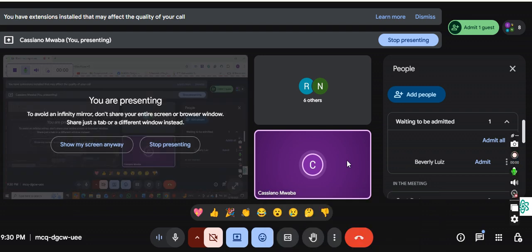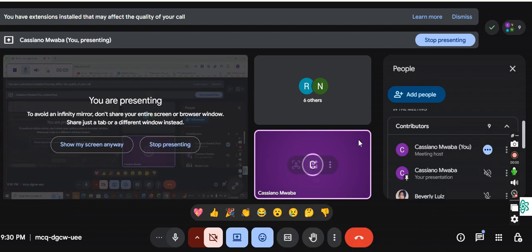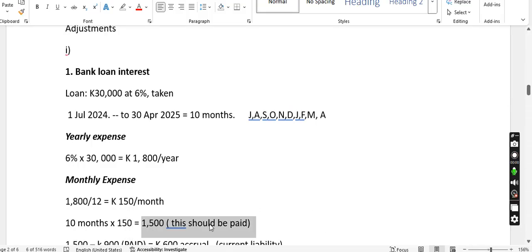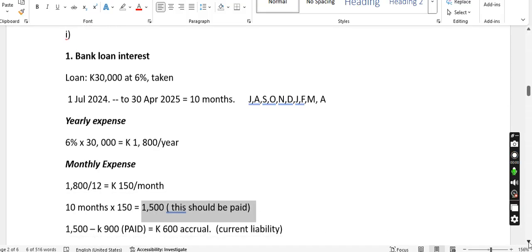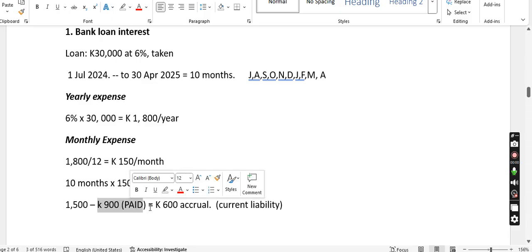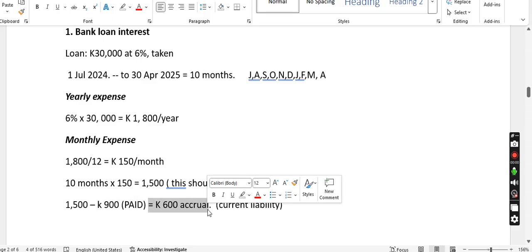Okay, we're supposed to pay 1,500, but we've only paid 900 kwacha. So it means we are owing. Okay, so how much are we owing? We're supposed to pay 1,500, but we only paid 900 kwacha, so we're owing 600 kwacha.